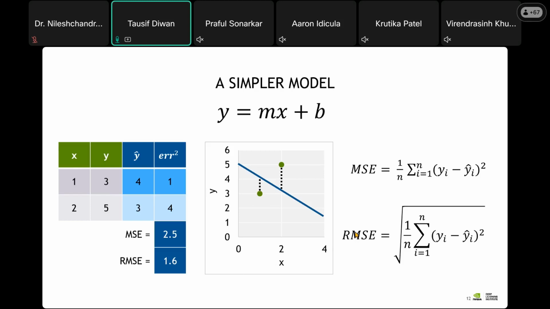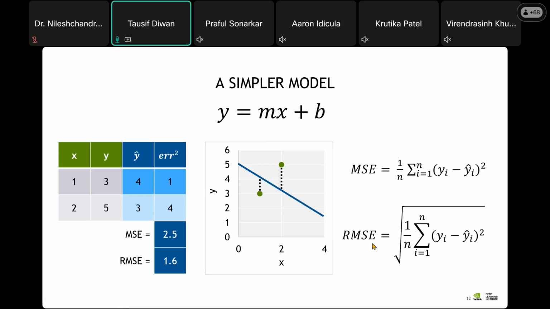Do not go into the mathematical details of this, but what it ultimately does is partially differentiate the loss function with respect to the free parameters, and based on that it changes the parameters M and B slightly such that the MSE, or mean squared error, or root mean squared error, the value of this loss function or cost function, is minimized.